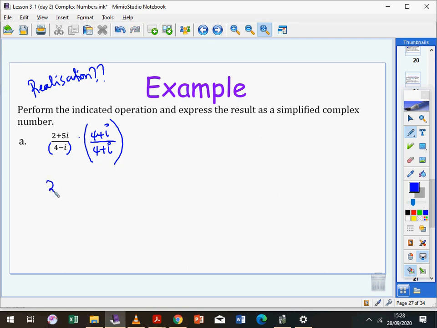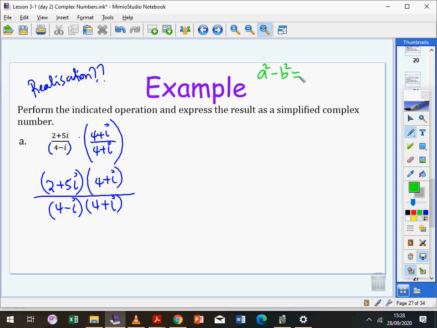So in the numerator I have 2 plus 5i times 4 minus i, and in the denominator I have 4 plus i times 4 minus i. Now a sidebar here is again reminding you of a difference of squares. a squared minus b squared is the same thing as (a minus b) times (a plus b).